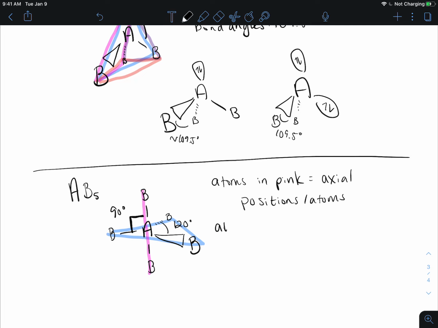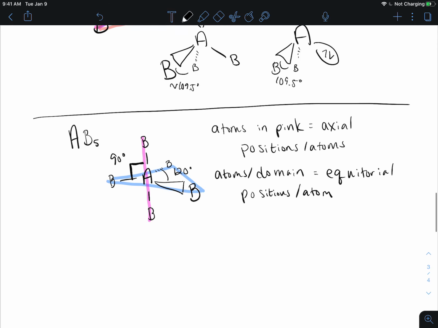And then our atoms, or domains, should this be an electron pair, are going to be called equatorial positions. So if we have an atom in a pink site, that'll be an axial atom. If we have an atom or domain in one of the blue sites, those would be in equatorial positions, or those would be considered equatorial atoms.